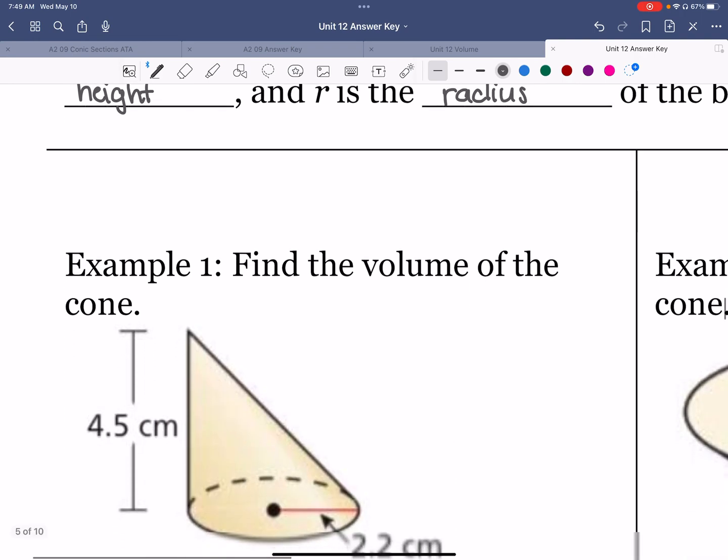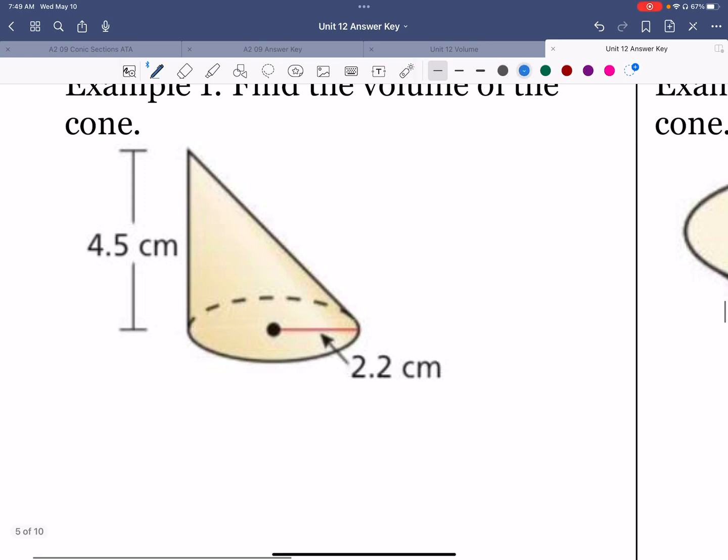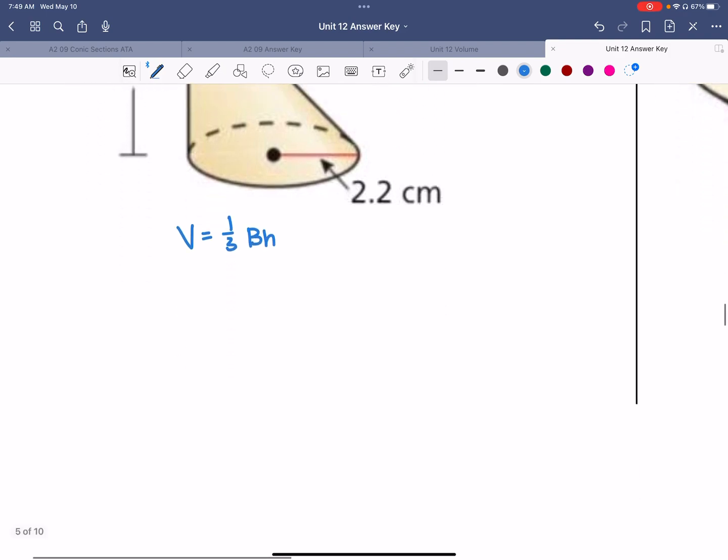Okay, so coming down here, I'm going to go ahead and plug in everything. I have my radius is equal to 2.2. I have my height is equal to 4.5. So I can say volume is 1/3 base area times height, 1/3 pi times 2.2 squared times 4.5.